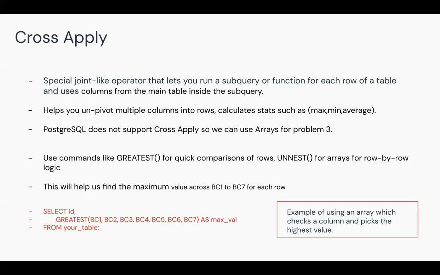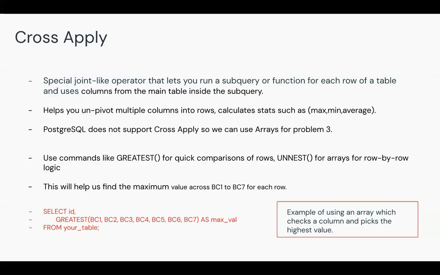So the alternative that I've decided to use for this part of the assignment is creating an array. We can use commands like greatest for quick comparison of rows and unnest for arrays for row by row logic.